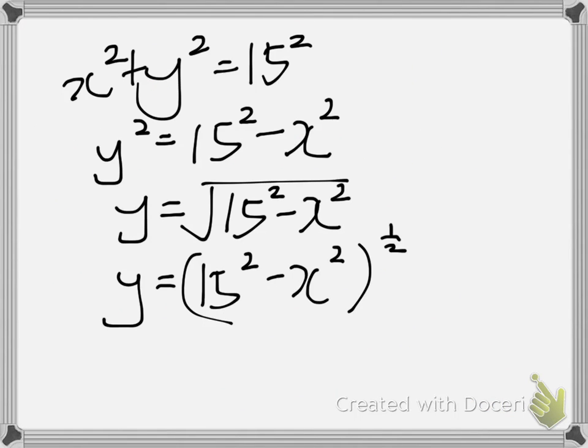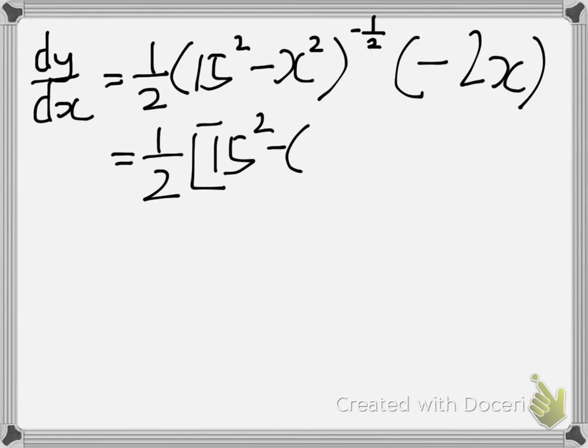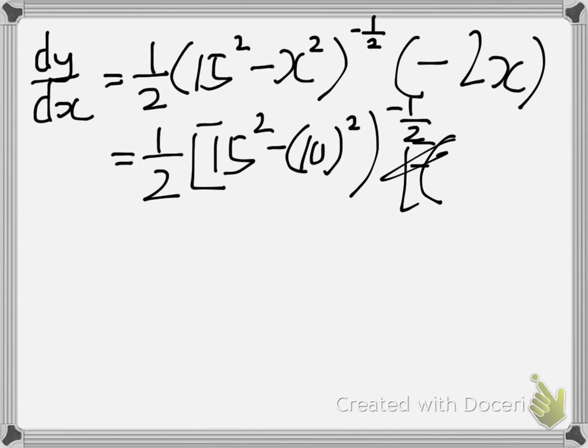Now we are going to substitute x equals 10 into the equation. So we are going to get 1 over 2 times 15 squared minus 10 squared, to the power of negative 1 over 2, and so here should be times negative 2 and then 10.